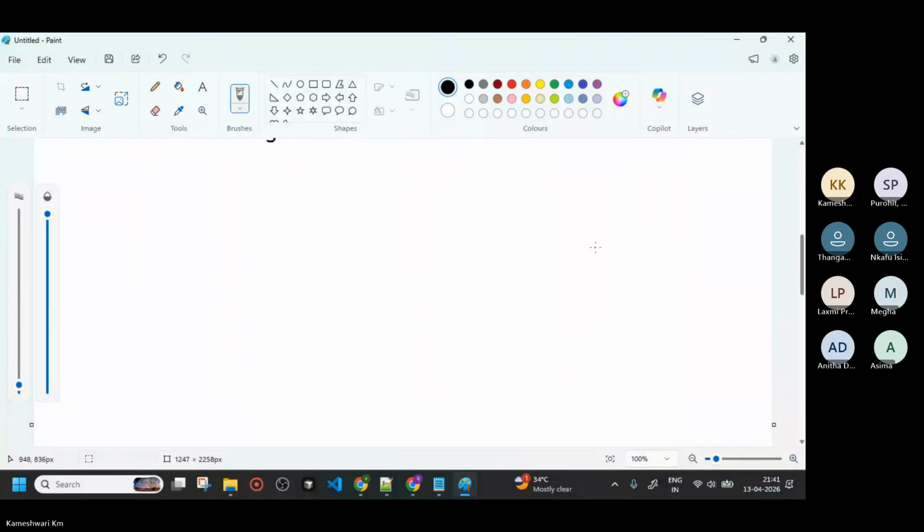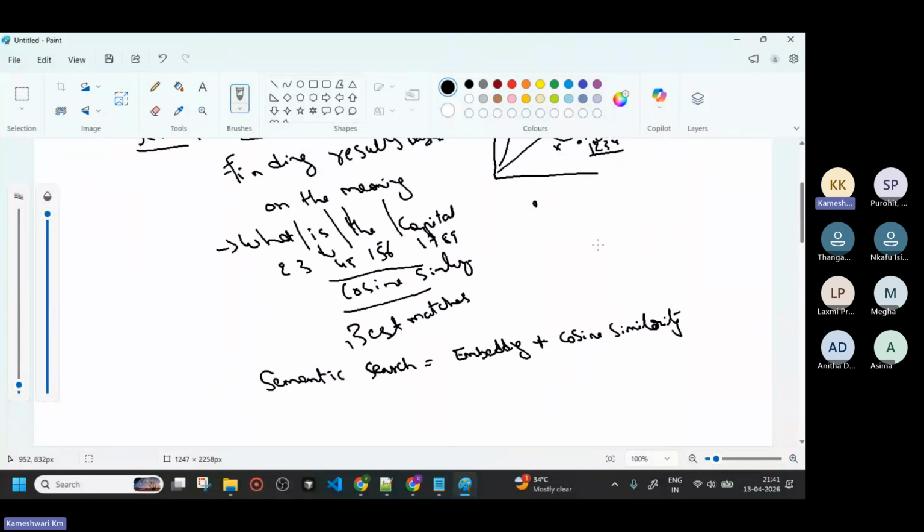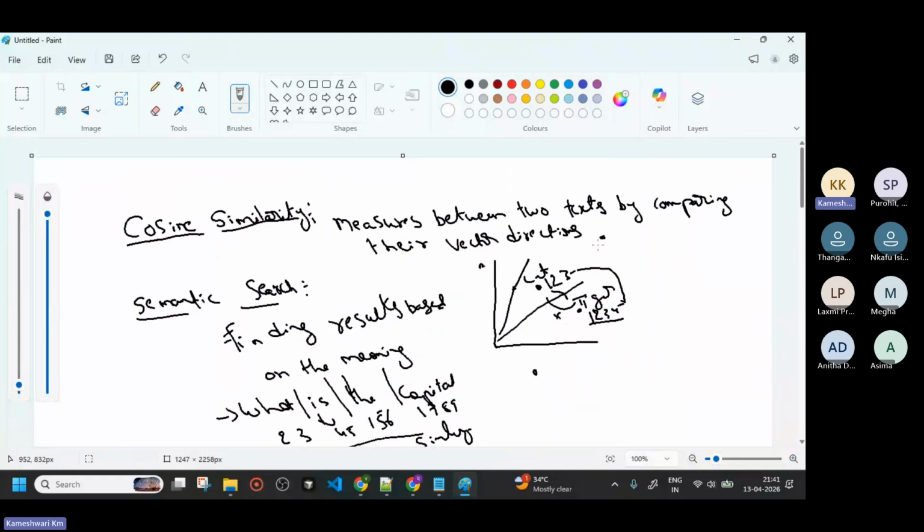Clear? Mostly we will use semantic search and cosine similarity in RAG. While we are comparing answers, when we are running test cases in ChatGPT, one answer may be the same but a little different, with some different words.